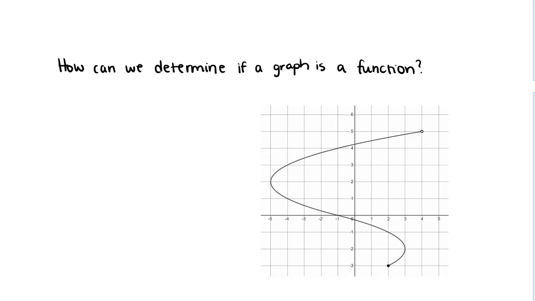Well, looking at this graph, I see 2 points here, one point at (-4, 1), and another point at (-4, 3). Right? These are 2 points that share the same input of -4.